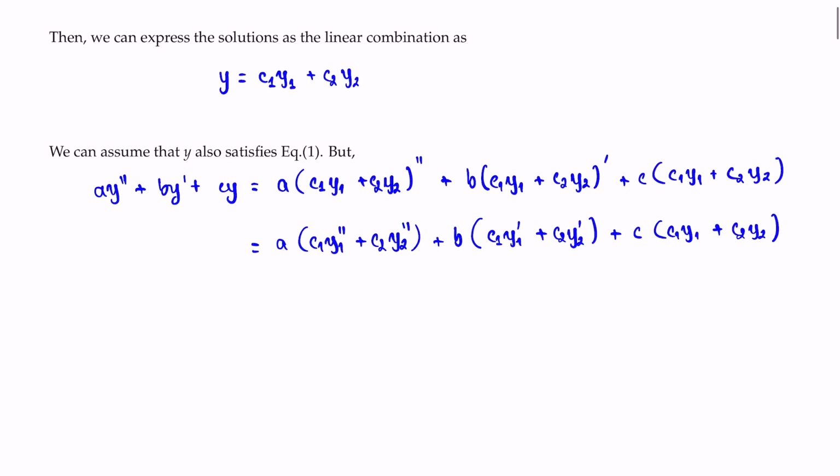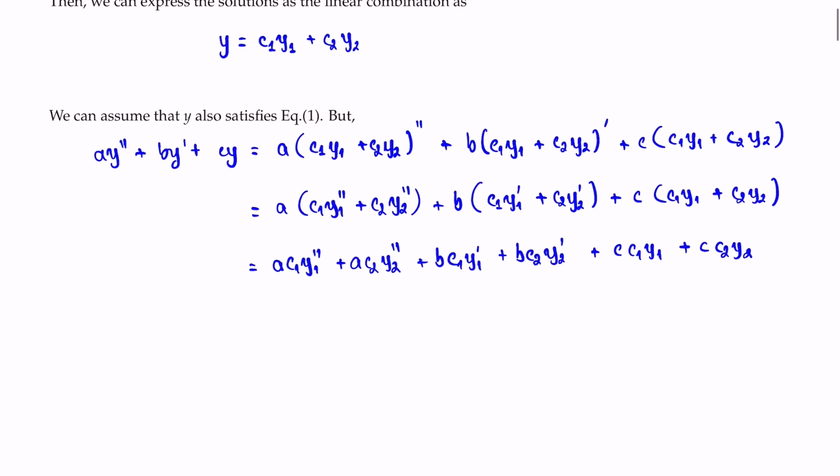Okay. What we are trying to do here, again, is substitute the function y into the left-hand side of the differential equation, and hopefully you get a true statement out of these calculations. So next, we're going to distribute a, b, and c into the parentheses, and see what we get. So I get a times c1 y1 double prime plus a times c2 y2 double prime plus b times c1 y1 prime plus b times c2 y2 prime plus c times c1 y1 plus c times c2 y2.